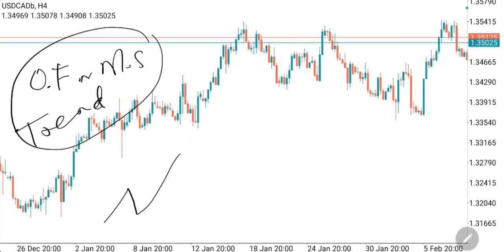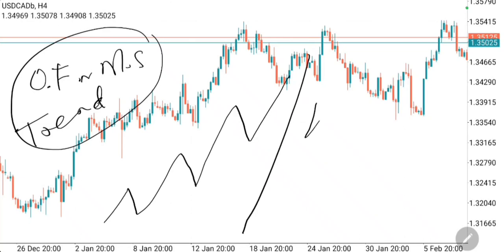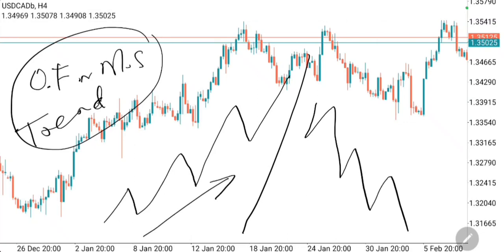You should be taking trades in a market that looks like this, whereby this is a bullish order flow and this is a bearish order flow. Here the market is making higher highs and higher lows. Here the market is making lower highs and lower lows.